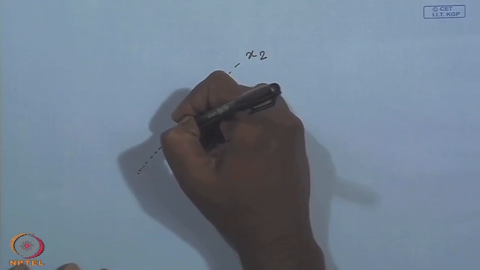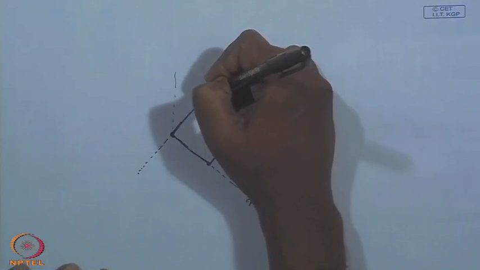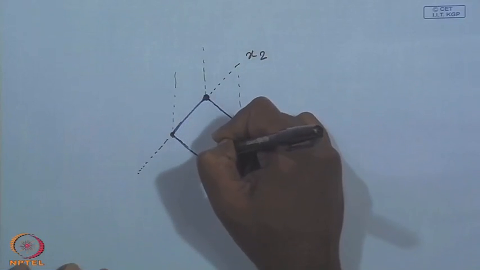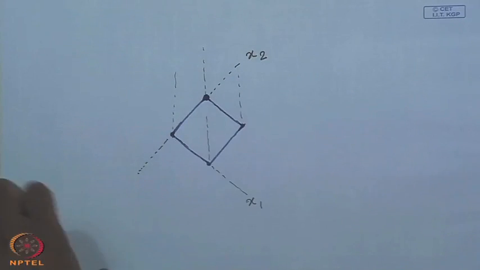Now, I can drag this square or rectangle in a direction which is perpendicular to the plane x1, x2.